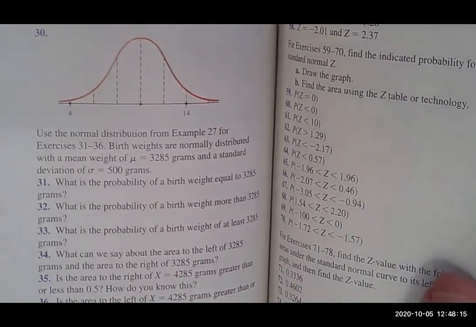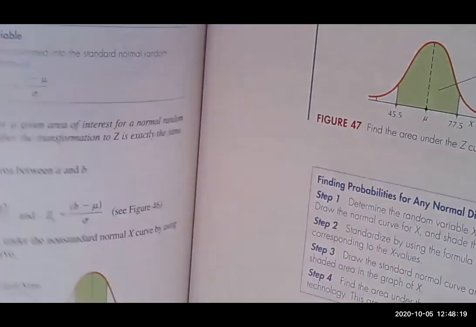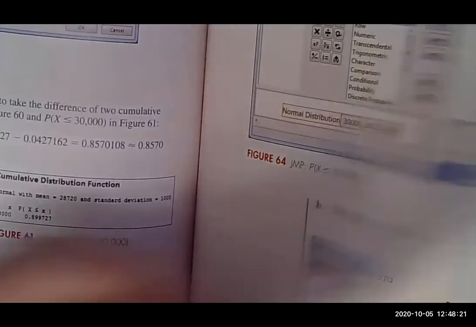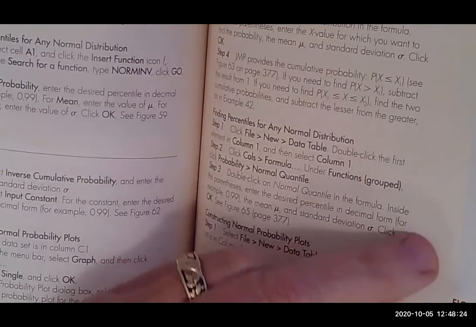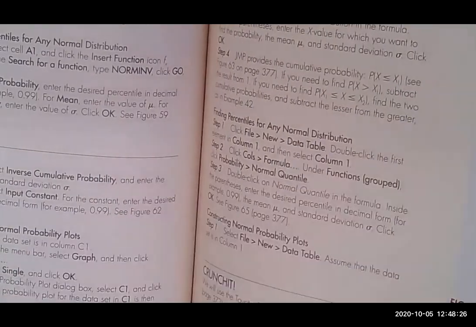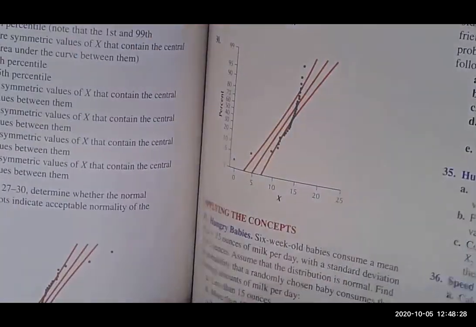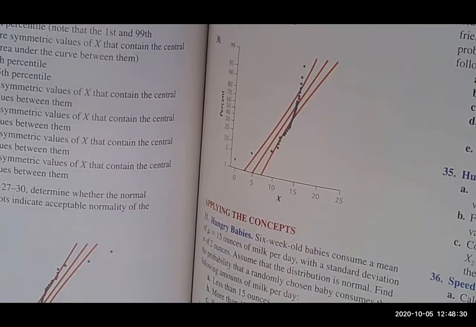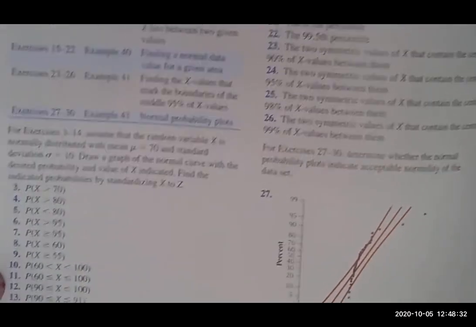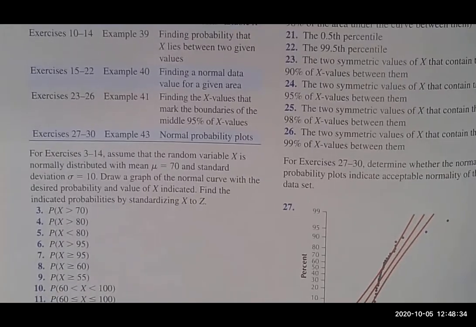Let's see, what else? Oh, we want 6.5, don't we? My mistake. Pardon me. 6.5, Jeff. Yeah, okay. Try this again. Okay, this is 6.5.